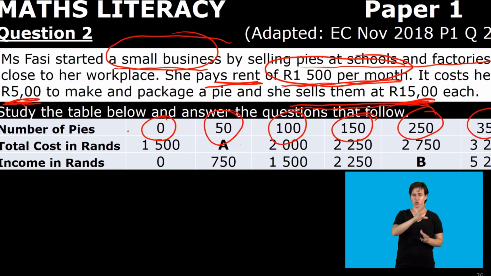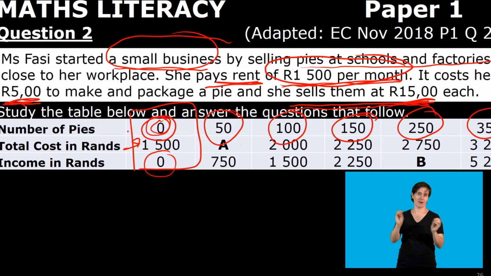And then the total cost in rands and the income is given for the amount of pies. So meaning, if she sold no pies, her total cost would be 1,500 and her income is nothing. Why is it like that? Because even though she hasn't sold anything, there is still fixed cost to be paid.